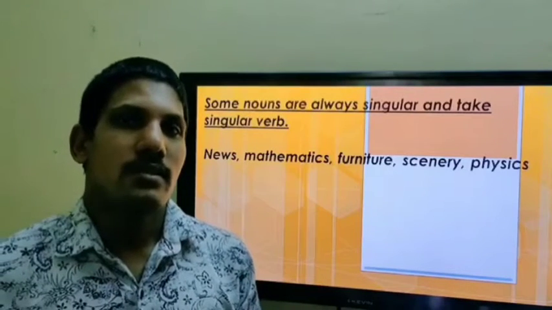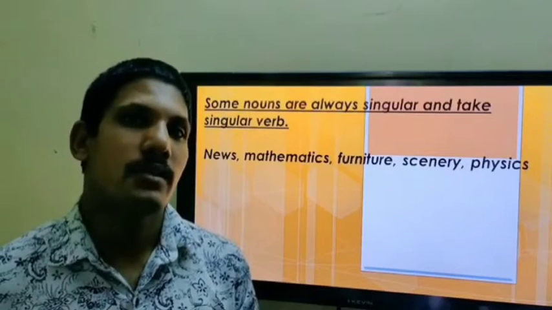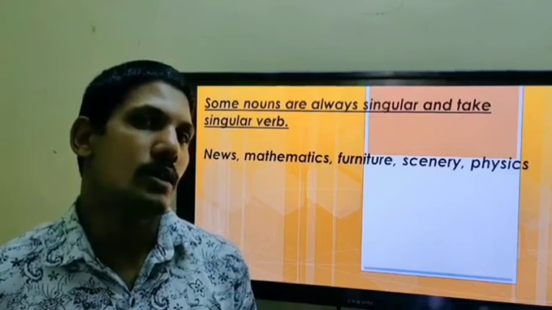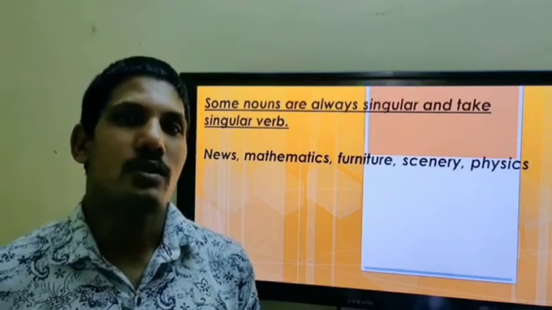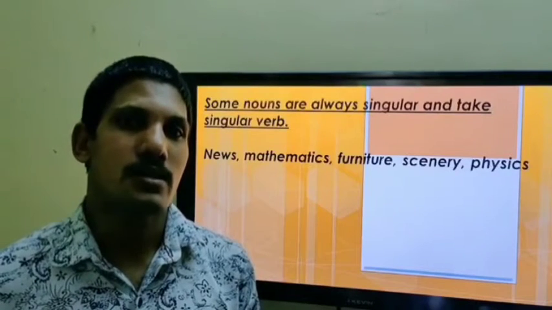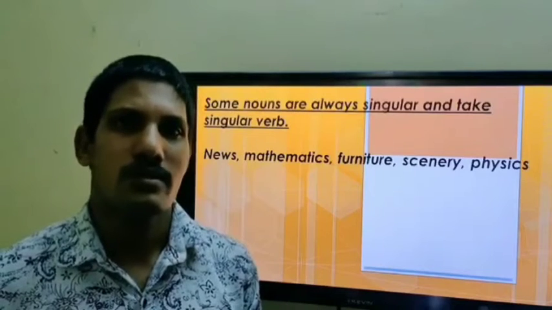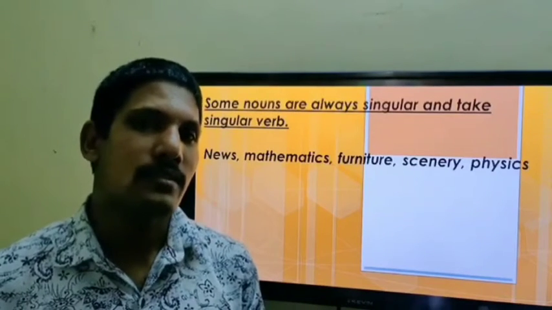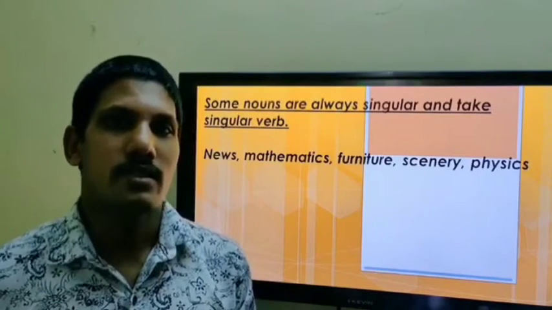These words sound like plural, but they cannot have any singular. Think if news was plural, then its singular must be new. Is that possible? No, it is not. That is the point. Now study these sentences.